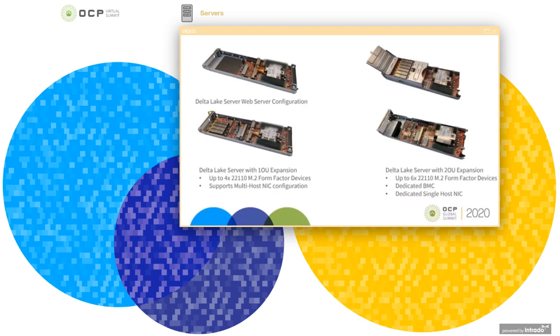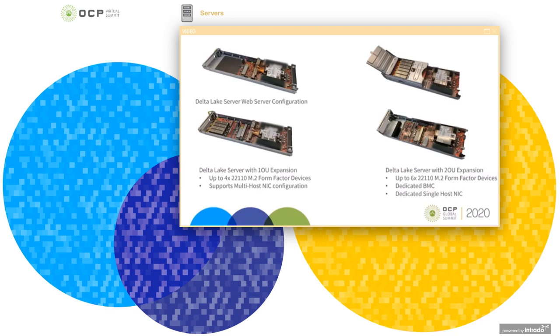And if you look at the image below that, when you remove that top riser connection, you'll end up with a 10U blade that has a single host NIC as opposed to a multi-host NIC that was in the previous configuration.